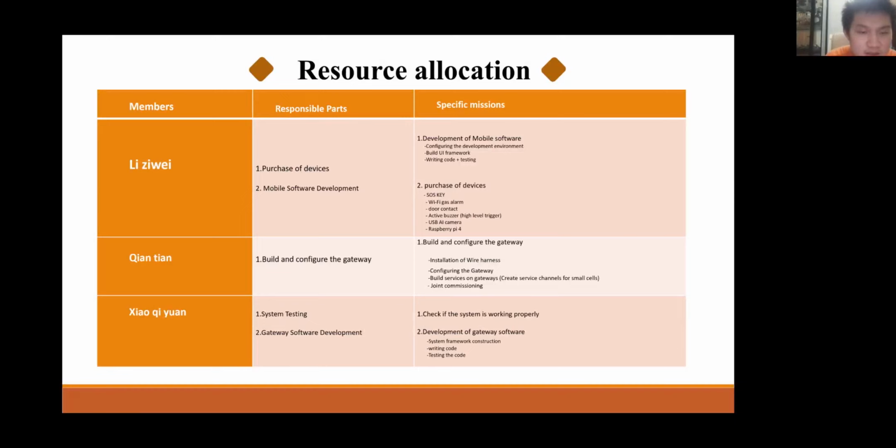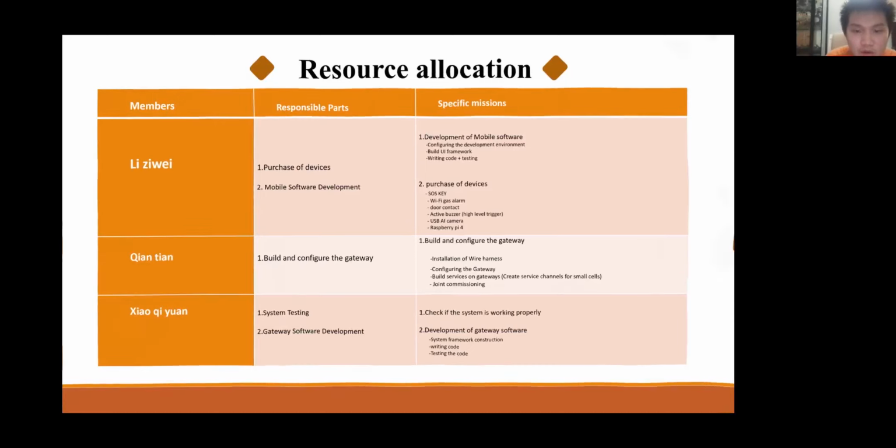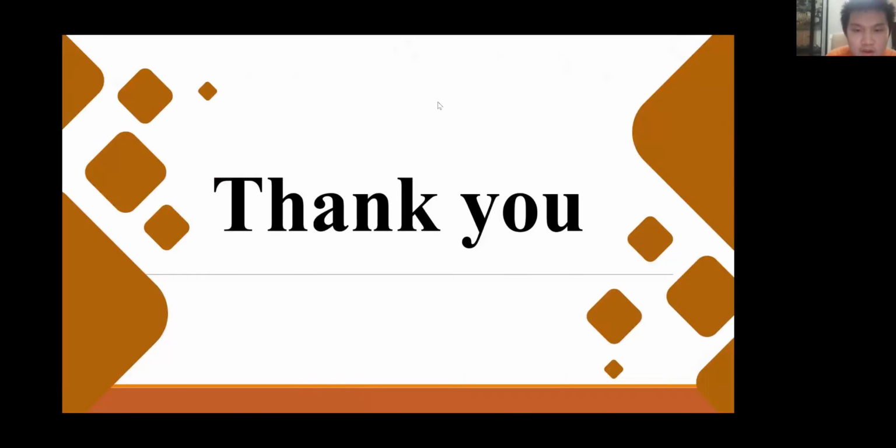And about me, I built the gateway software development and tested the system framework constructor, and also tested the code. Finally, I have tried the whole system and it's working properly. And that's all of our group work. Thank you.